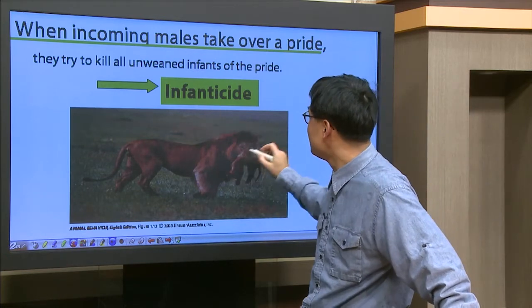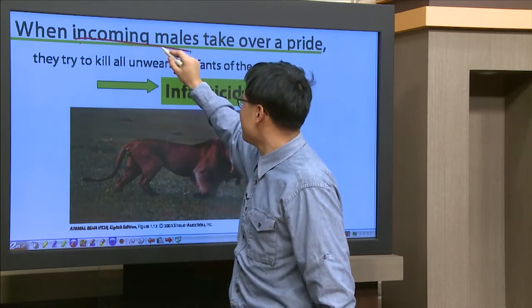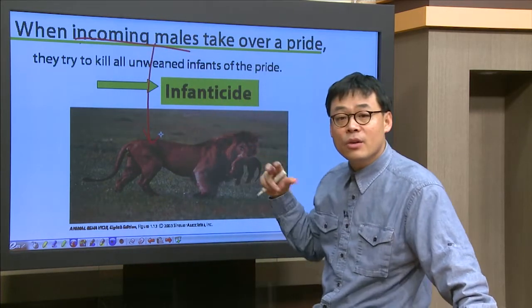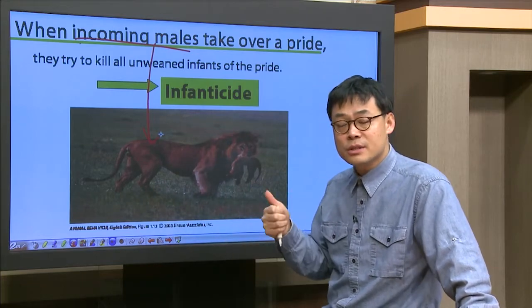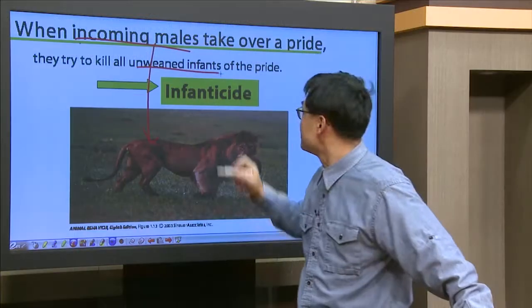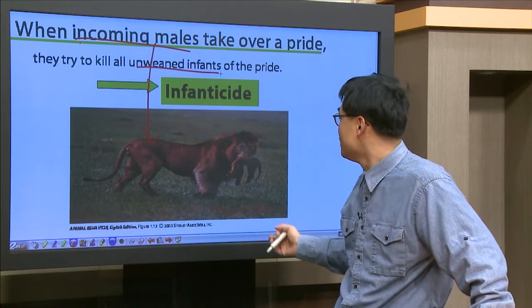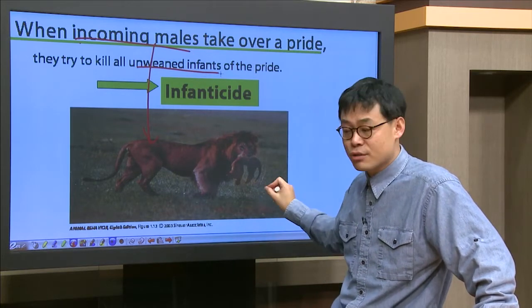These are the new incoming males. When they take over this pride, the first thing they do is try to kill all unweaned infants of the pride. That's called infanticide, indicated by this picture.